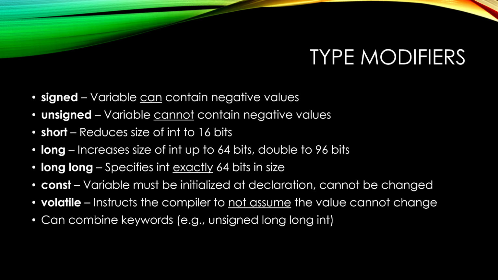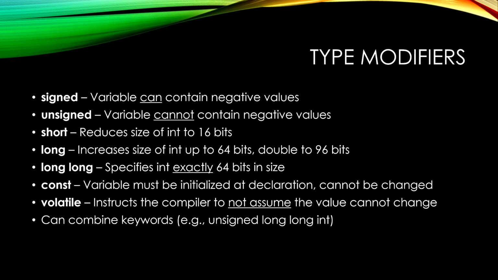And we have short. For an integer, this is going to restrict its size to 16 bits. So that would limit its value if it's signed to negative 32,767 to positive 32,767.